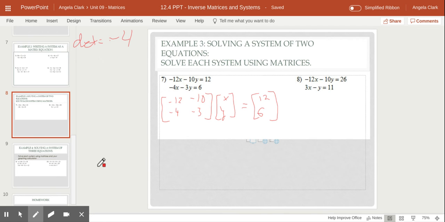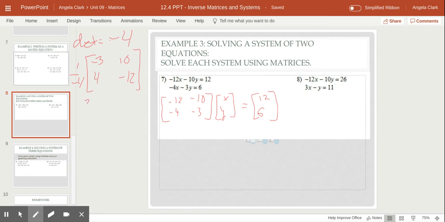And then my inverse is going to be 1 over negative 4 times, I'm going to switch the places of these two. So negative 3, negative 12, and then the signs of these two. So 4 and 10, and then I'm going to distribute that 1 over negative 4.